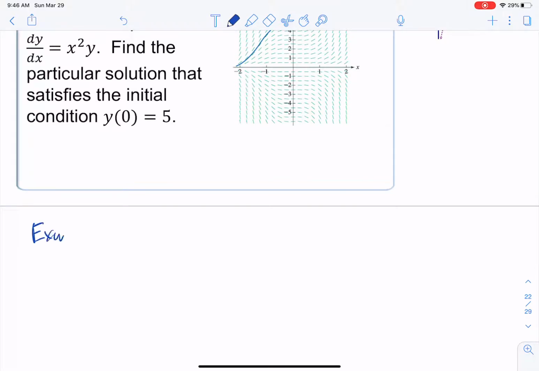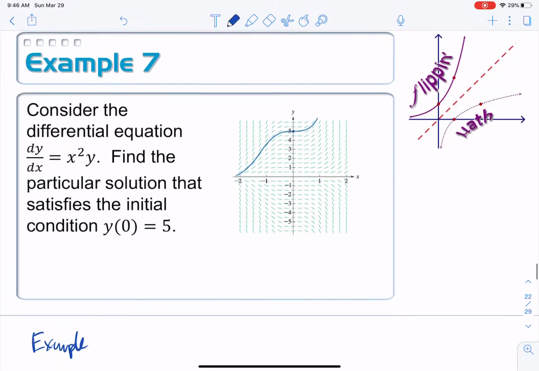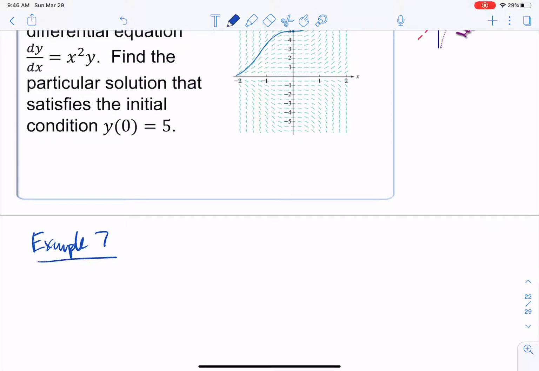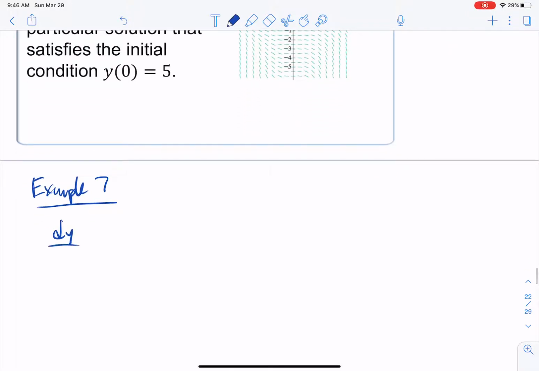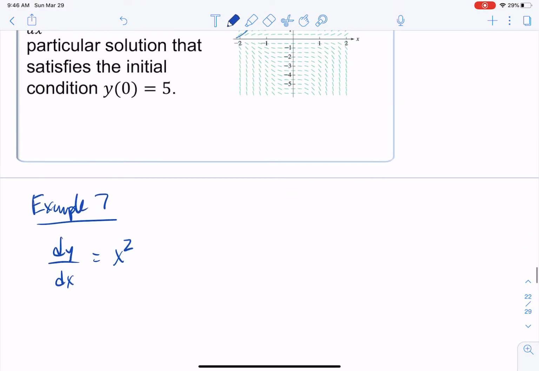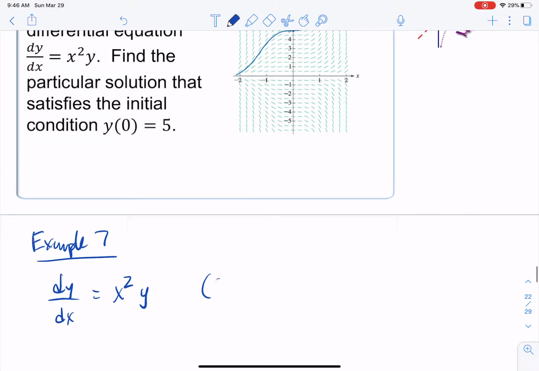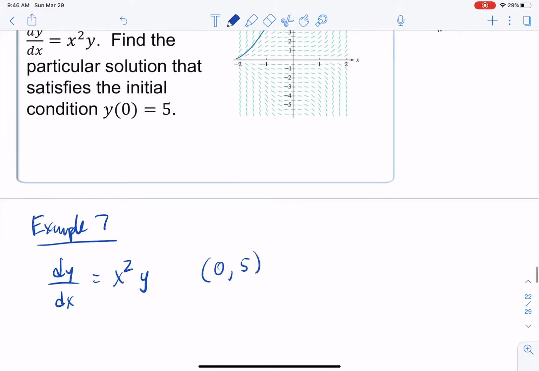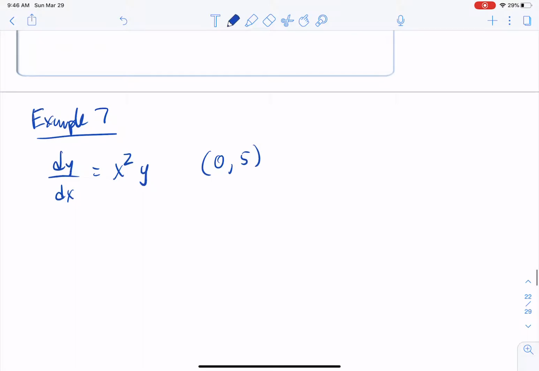The next one, which is example 7. In our differential equation, dy dx is equal to x squared y, and we have an initial condition, which is 0, 5, and we separate the variables. That's what we do, right?